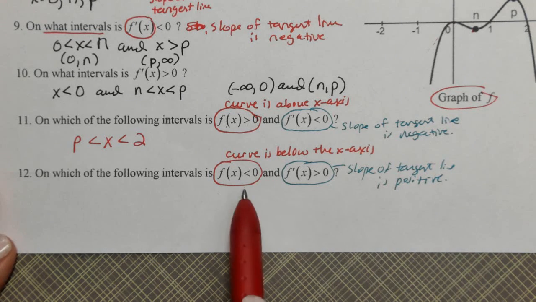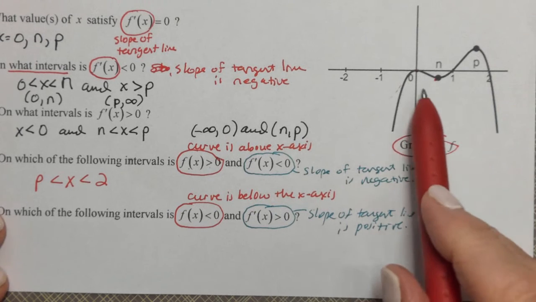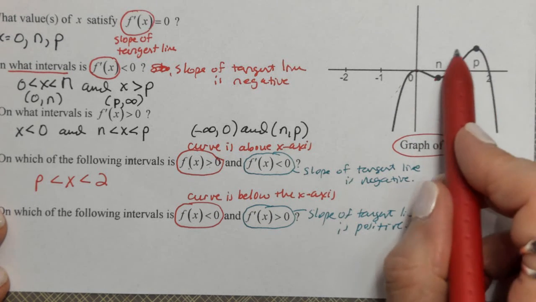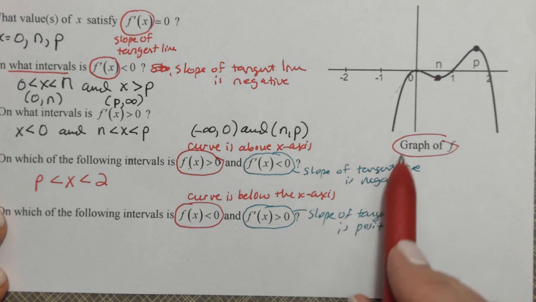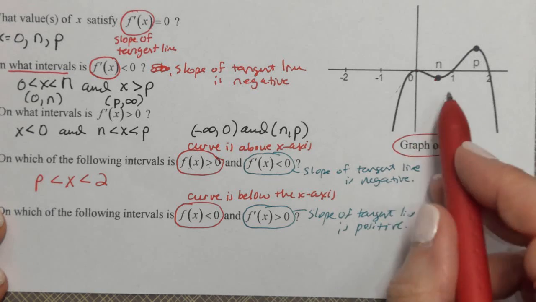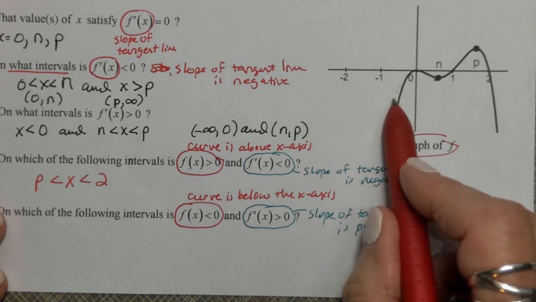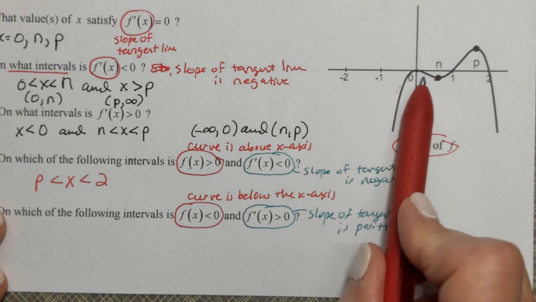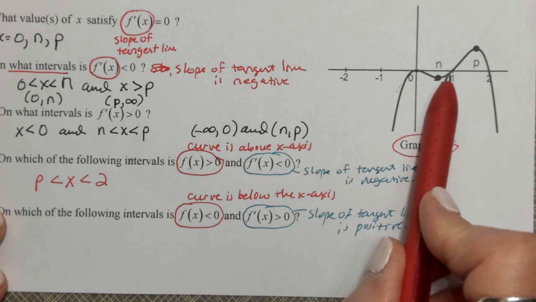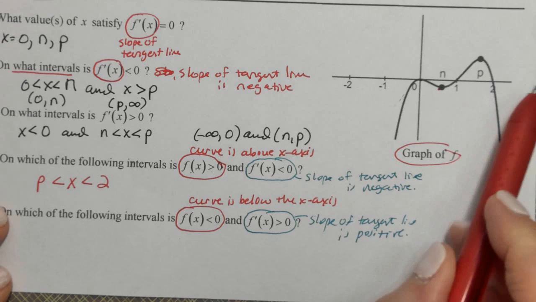Okay? Well, the curve is below the x-axis for most of this graph, all but this section here. So on the part where the curve is below the x-axis, the slope is negative. Here the slope is positive. Here the slope is negative. Here the slope is positive. Here the slope is negative.